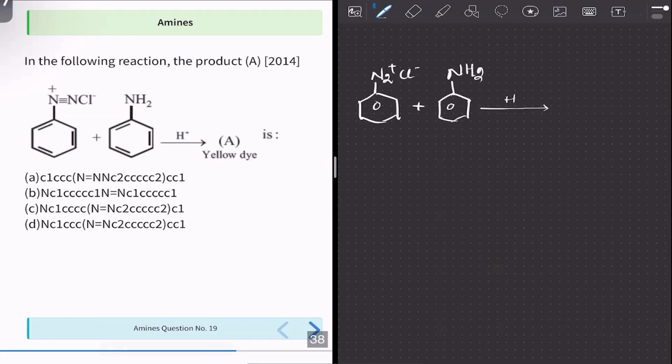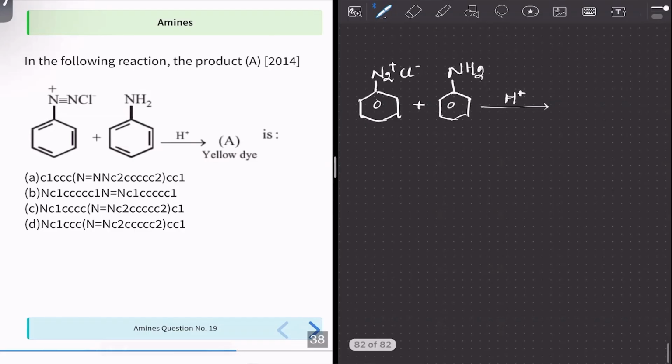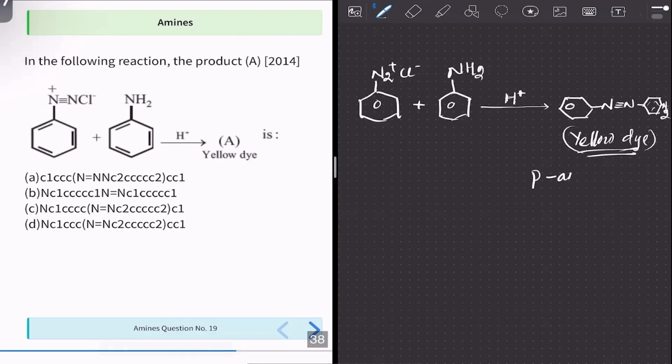In coupling reaction, two benzene rings will be merged together to produce a diphenyl compound like this. In this reaction, the product will be, and the color will be yellow, and it is used as yellow dye. That is para amino azobenzene.